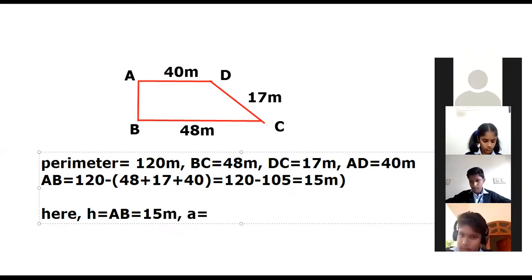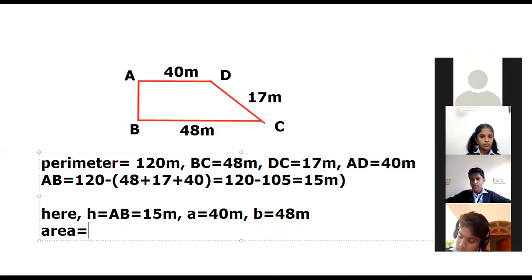One parallel side, which is it? Take it as 40 meter. And B, the other parallel side, is 48 meter. Okay. Then area equals H into (A plus B) divided by 2. This equation should be there.